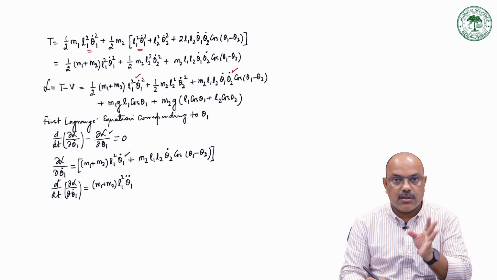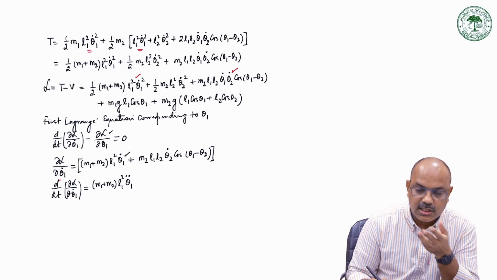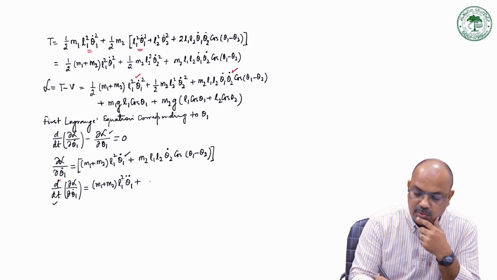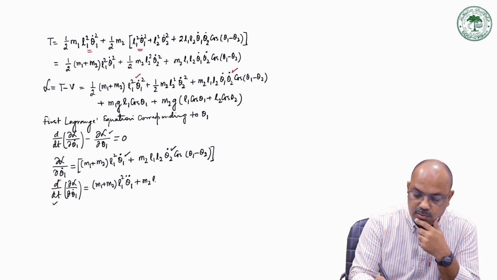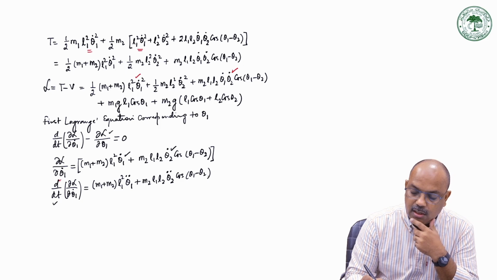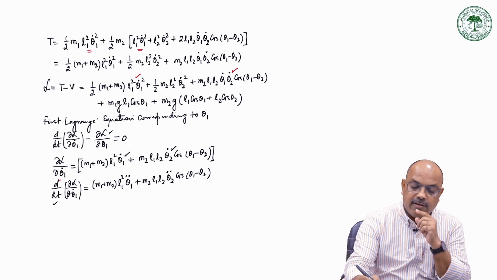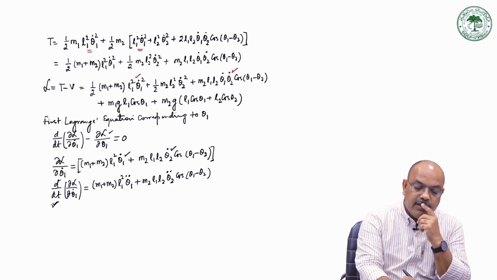Theta 1 is the only variable which is varying, so this is going to be affected by the time derivative. Then in the second term, this is m2 L1 L2 theta 2 double dot cos of theta 1 minus theta 2. Now two more terms are also going to come because I am differentiating with respect to time.